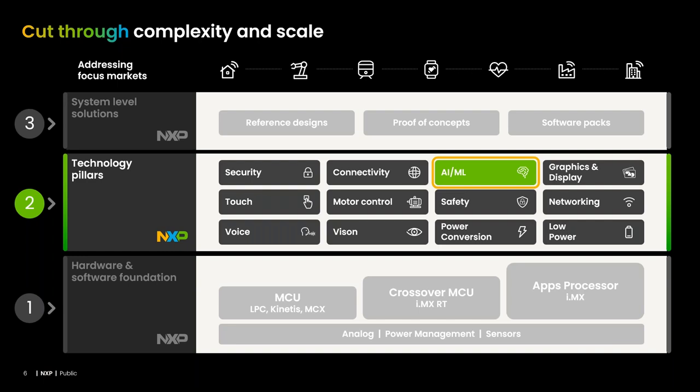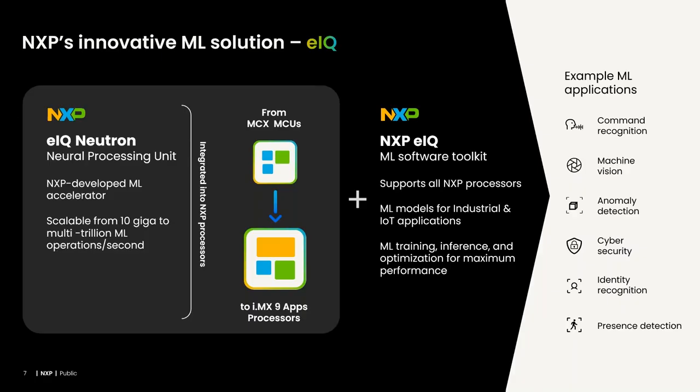So for the technology pillar side, I touched on some of the technology pillars, but I just want to take one, AI/ML, which is one of the hot topics nowadays, as an example. Just because the MCX N series happens to have an NPU, or neural processing unit, embedded, you can see how we are trying to enable certain technology with a combination of hardware and software.